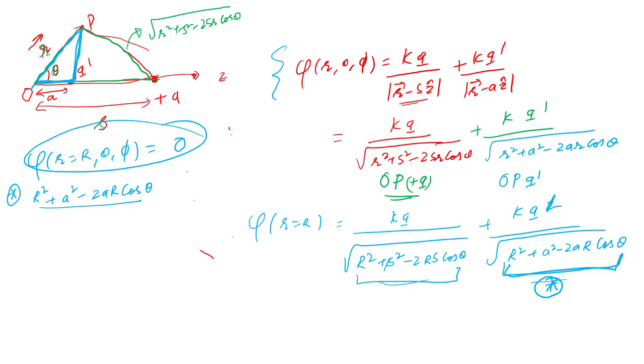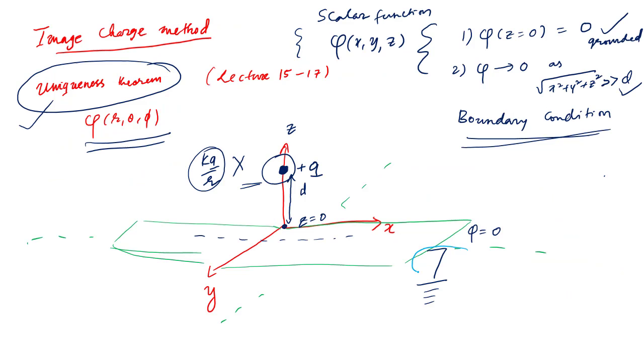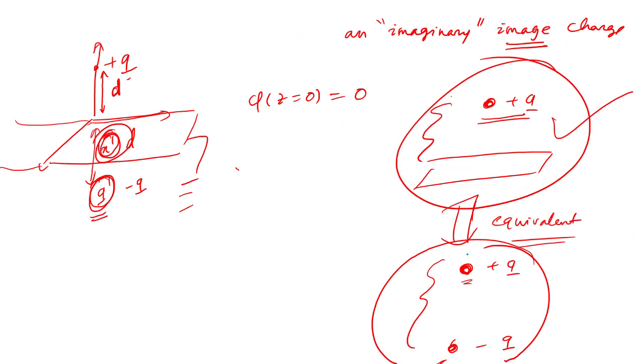So to do that, what I'm going to do is multiply and divide with a by s, because I want the cosine theta terms to look similar.